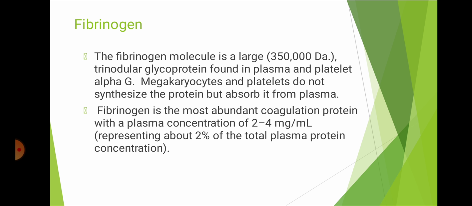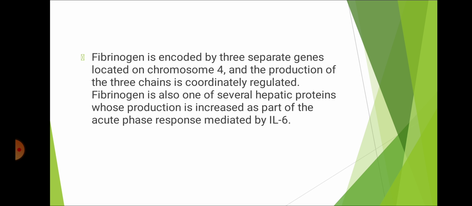Fibrinogen. The fibrinogen molecule is a large trinodular glycoprotein found in plasma and platelet alpha granules. Megakaryocytes and platelets do not synthesize the protein but absorb it from plasma. Fibrinogen is the most abundant coagulation protein with a plasma concentration of 2 to 4 milligram per ml, representing about 2% of the total plasma protein concentration.